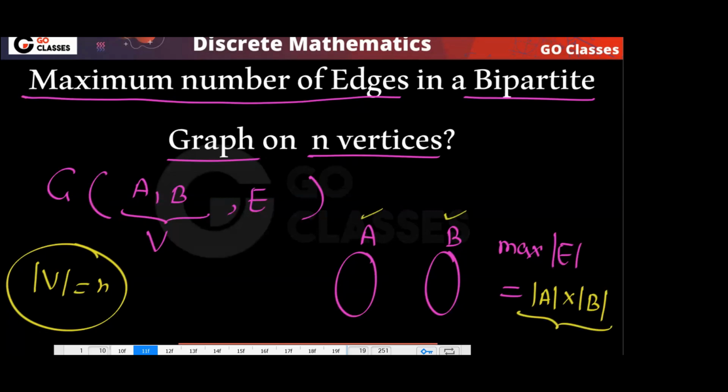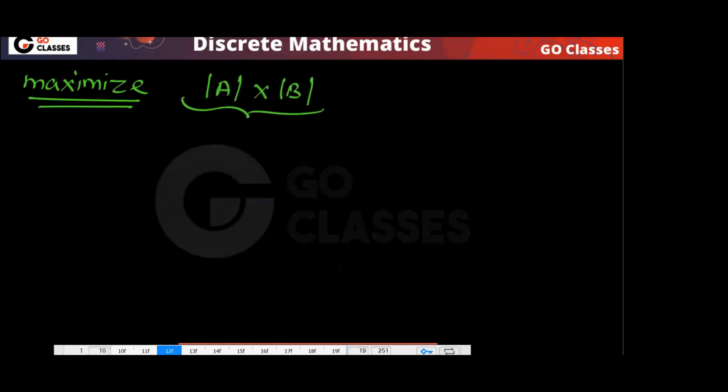We don't know how many vertices are in A and how many are in B. So what we want to maximize is the cardinality of A multiplied by the cardinality of B. Let us assume that A has m vertices.